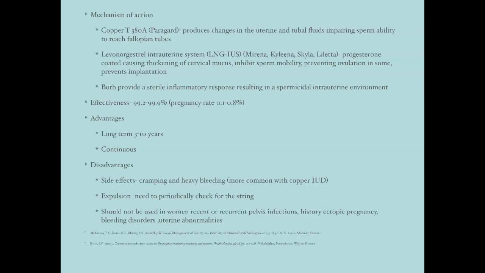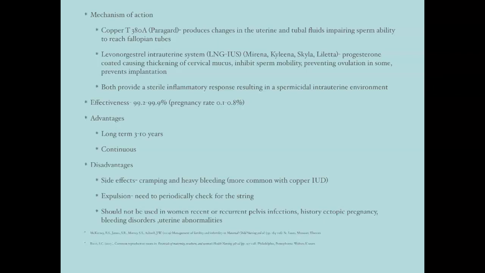Disadvantages: cramping and heavy bleeding can be the main symptoms you see with IUDs. And I find that patients either love them or hate them, and it's usually because of those reasons. You get more of the cramping and heavy bleeding with the copper IUD, because the ones that are coated with progesterone may actually help with the cramping and bleeding. In fact, I have some women who have a progesterone-coated IUD who hardly have a period at all.